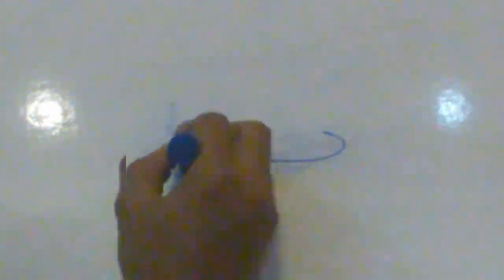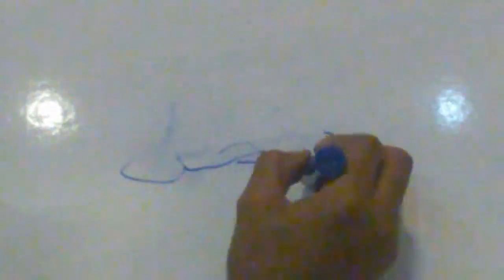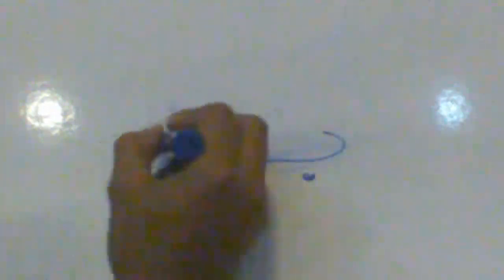So let me do another one. There's 3 letters. What is this? It's Ba in the beginning.